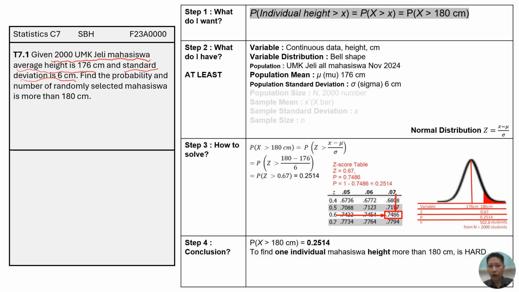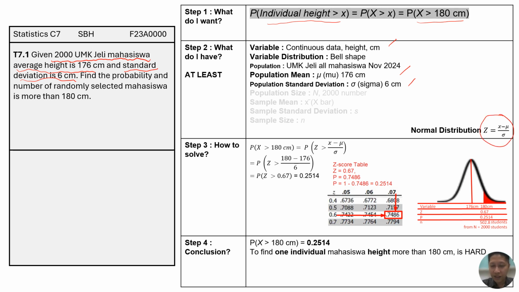Okay, we look at how to solve it. Because in this problem we have continuous data, the population average and population standard deviation, and we want to find an individual height more than 180 cm, it means that we can use the normal distribution formula here.